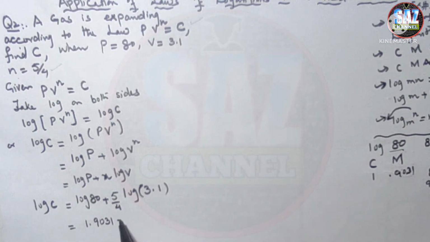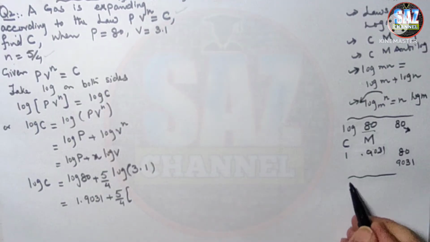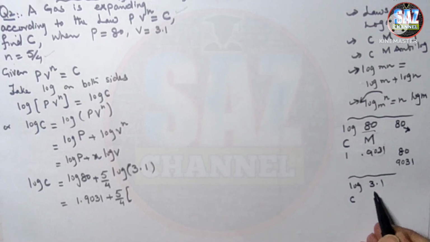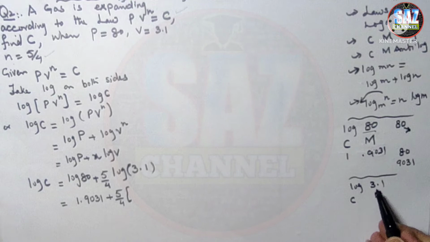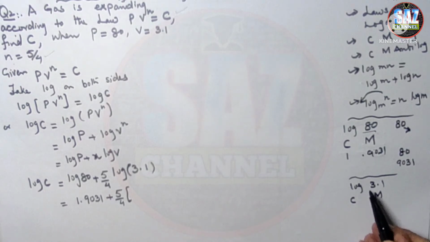Then the log of 3.1: characteristic and mantissa. As this number has 1 digit in the integral part, and it is greater than 1, the characteristic of the log of numbers greater than 1 is always 1 less than the number of digits in the integral part.